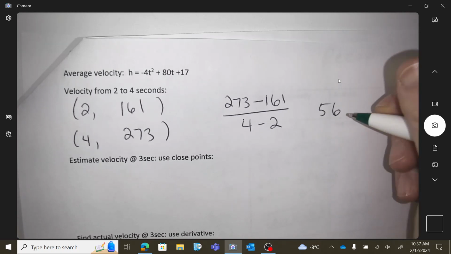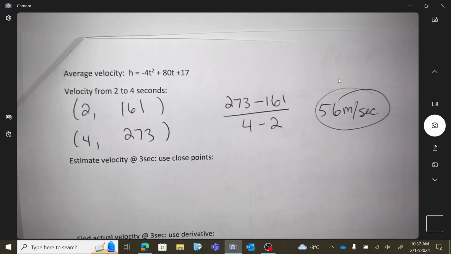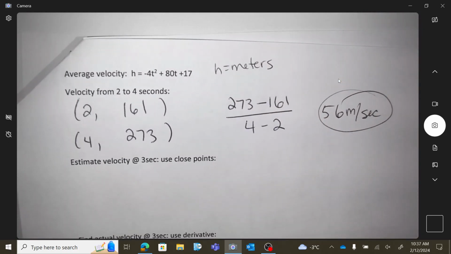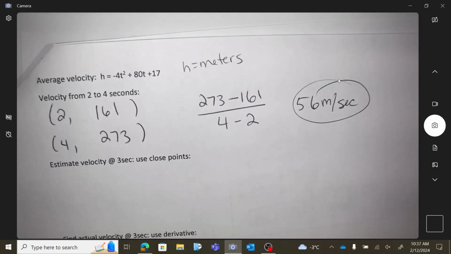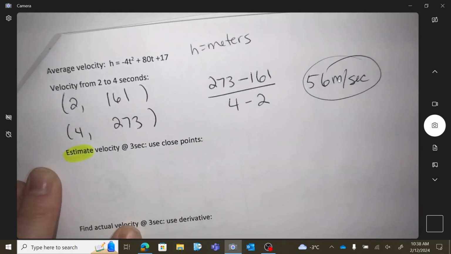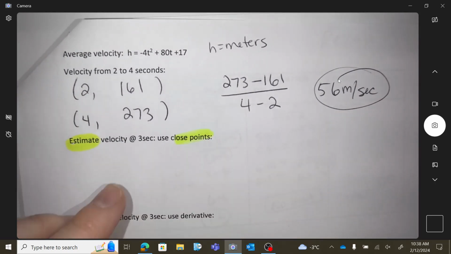I probably should have had some units. Let's just say I wrote meters in there, so it's meters per second. Okay, when I use the word estimate, I'm just going to use the process of close points.